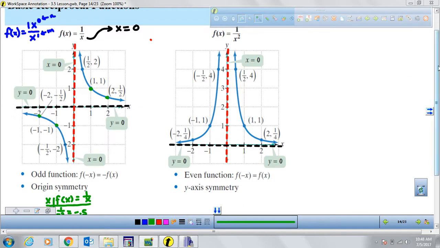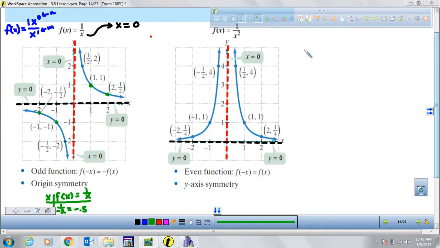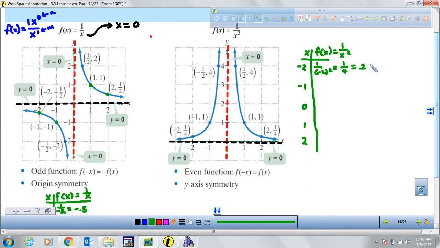Now, the only difference for 1 over x squared, if you do the table for this one, let me show you what you're going to get, so you can see. So let's create a table with the values of, again, -2, -1, 0, 1, and 2. So if I substitute those values, 1 divided by -2 squared is 1 divided by 4, which is 0.25.